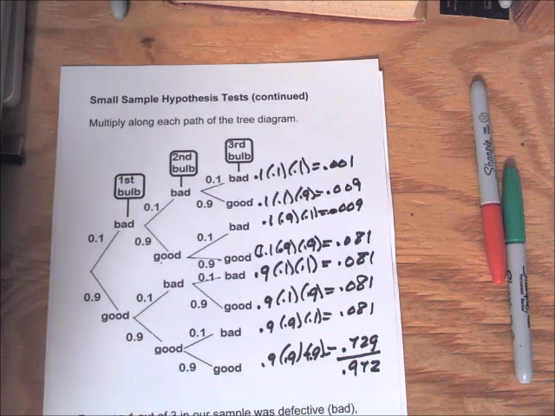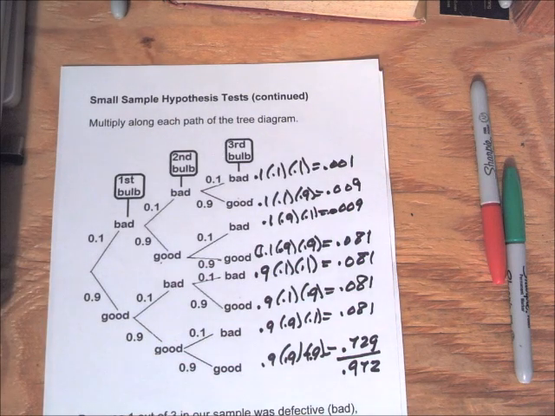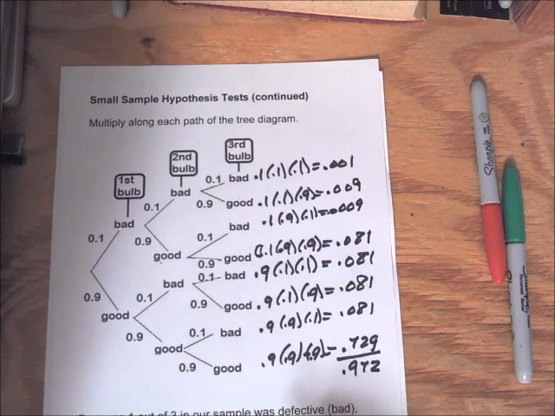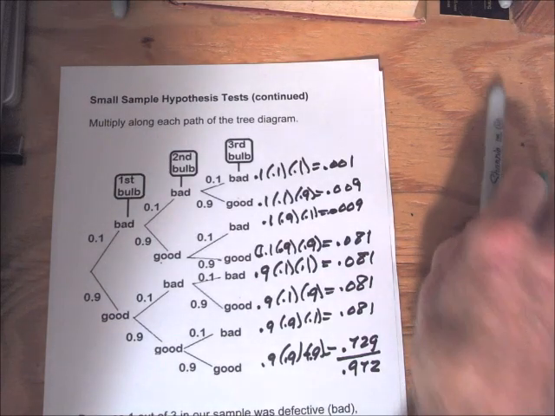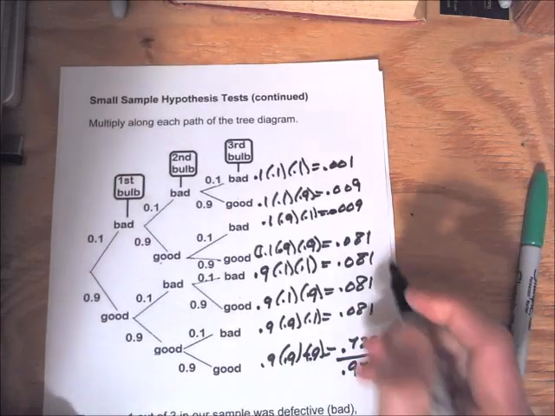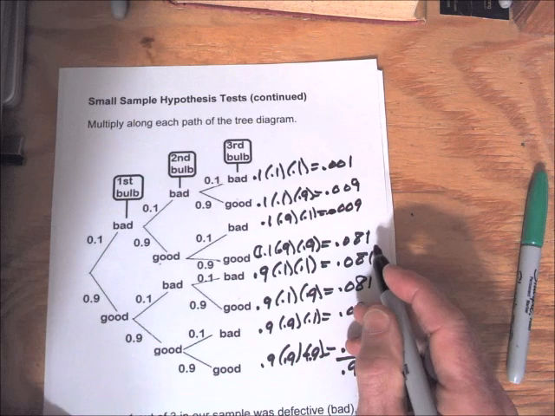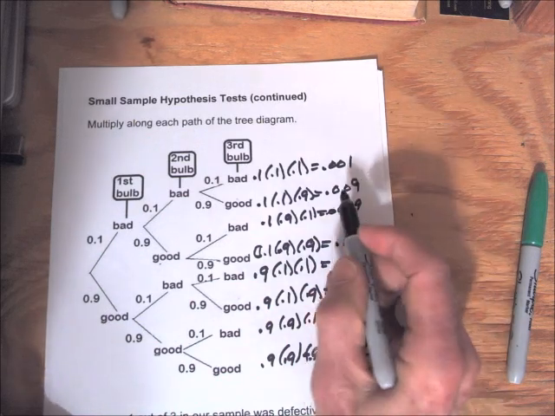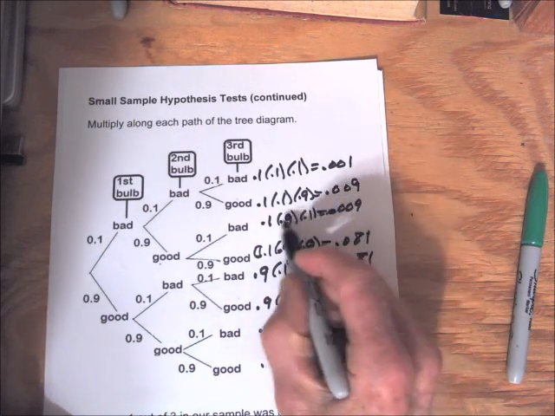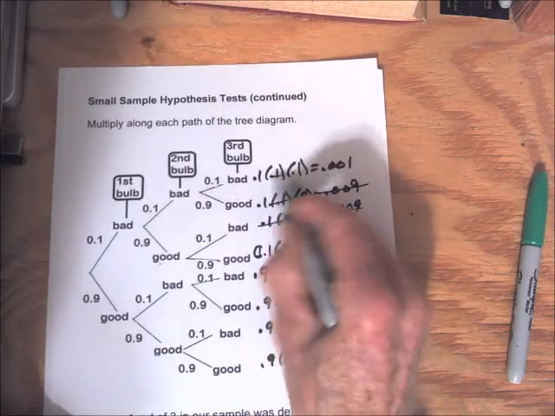I need to correct this here. We don't need all these paths. We only need the paths with at most one bad one. So we don't want the ones with 2 bads or 3 bads. Let's scratch off some of these paths here.